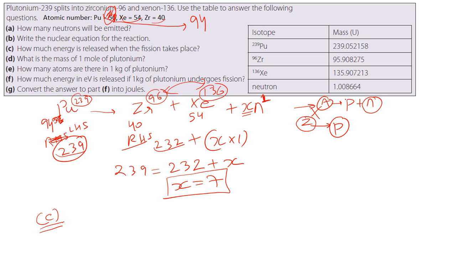C part, so the principle is you have to find out the mass defect delta M, which is the mass on the left hand side minus the mass on the right hand side.